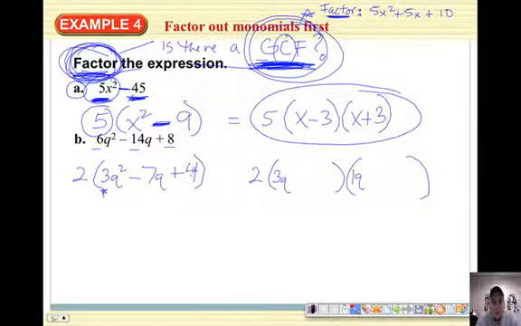So that's it. Factors of 4, there's 1 and 4 and 2 and 2. But we have to have a negative 7 in the end. So that's got to be minus. So therefore, is it 1 and 4? Is it 4 and 1? Is it 2 and 2? Let's see if 2 and 2 works out. I think it does. So negative 2 and negative 2 make positive 4.